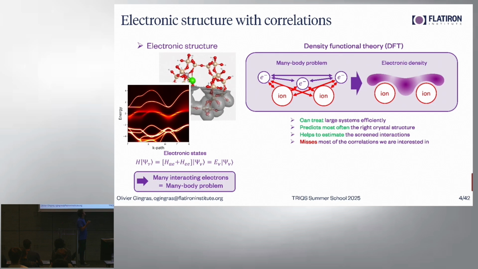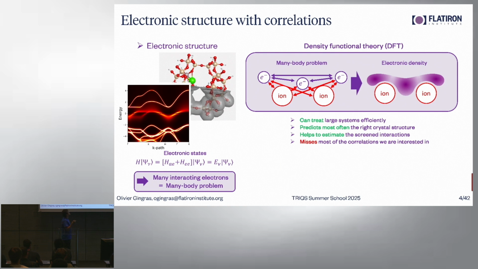And so DFT cleverly maps the many-body problem onto a much simpler one-body problem. And so it's very efficient, can deal with large systems. It can predict a lot of good properties of most materials. And it can also compute screened interactions.